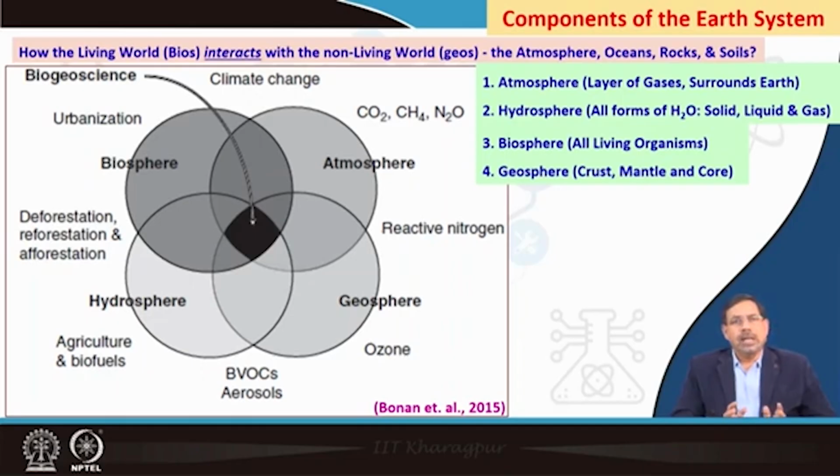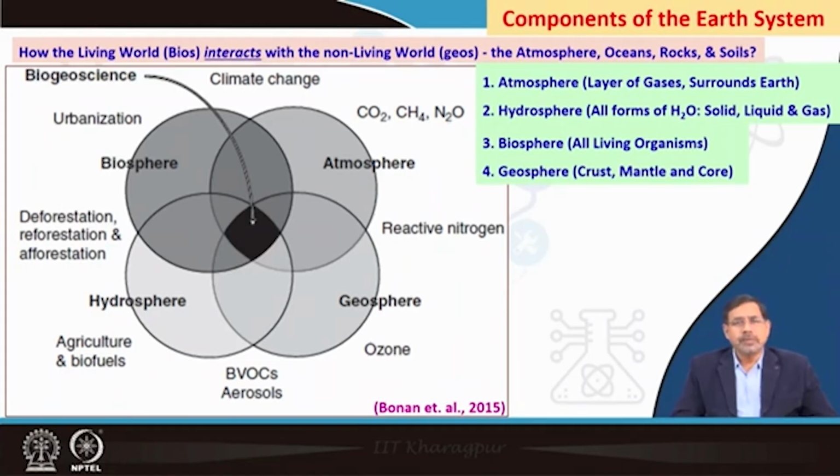On the left hand side, the schematic diagram shows that we can divide the whole Earth system, the climate of our Earth, into 4 broad systems: biosphere, atmosphere, hydrosphere and geosphere.